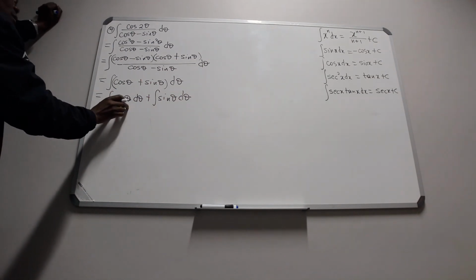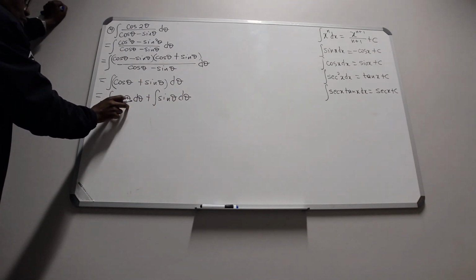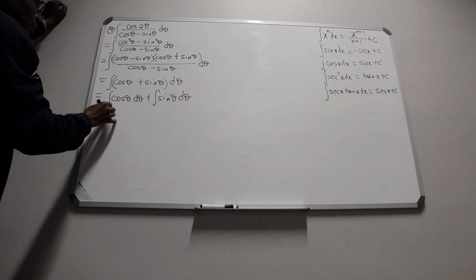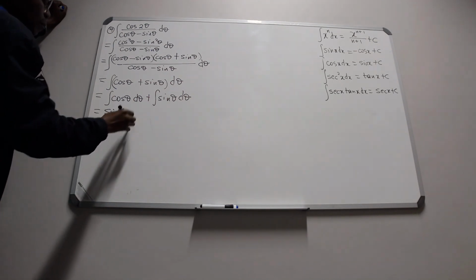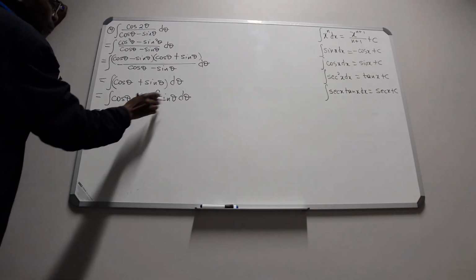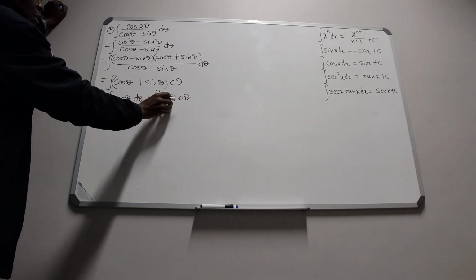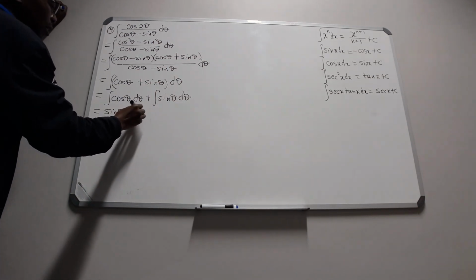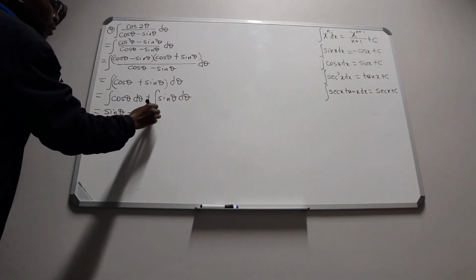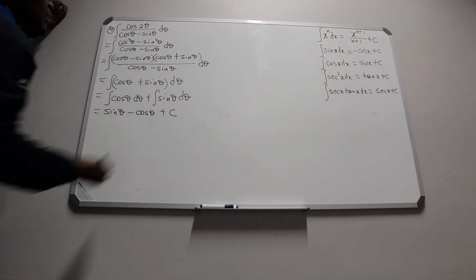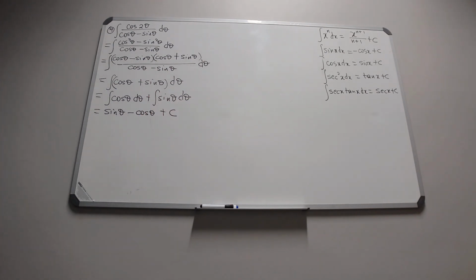So what did we differentiate in order to get this as an answer? We differentiated sine of theta plus c. What did we differentiate in order to get this as an answer? We differentiated minus the cosine of theta plus c, like that. So all of them repeat.